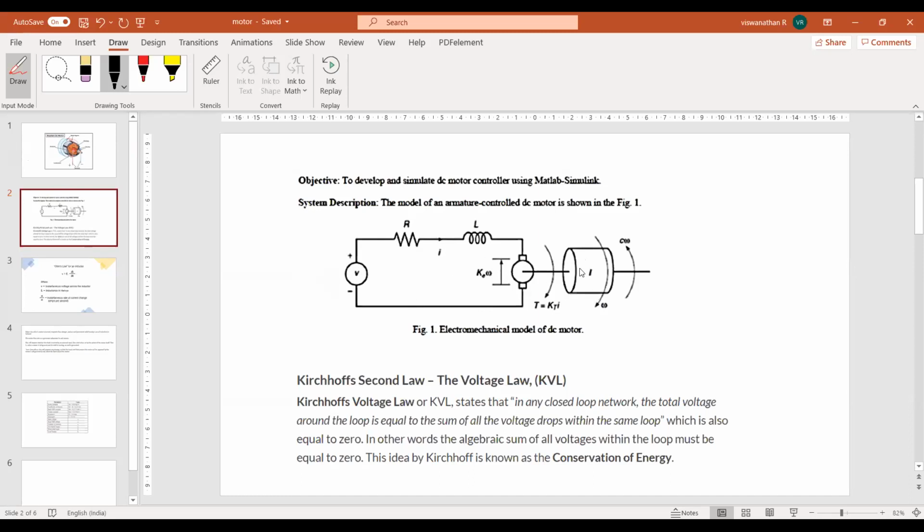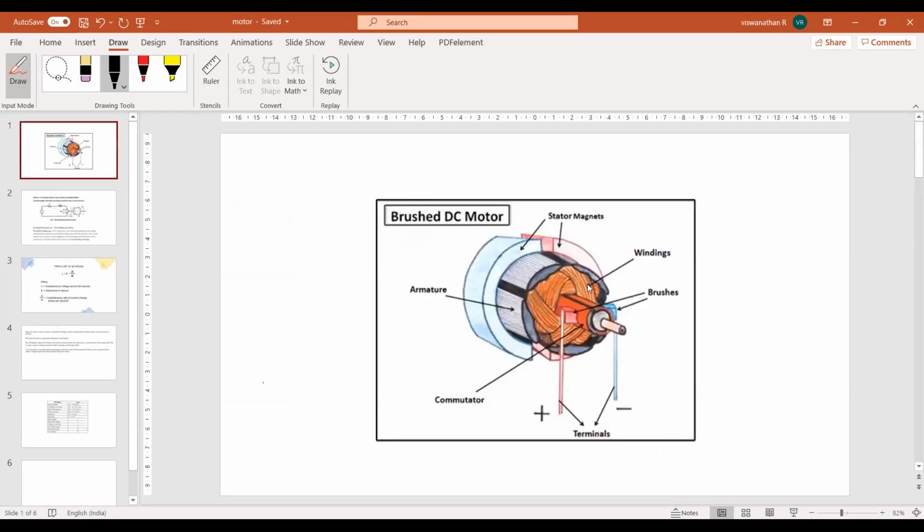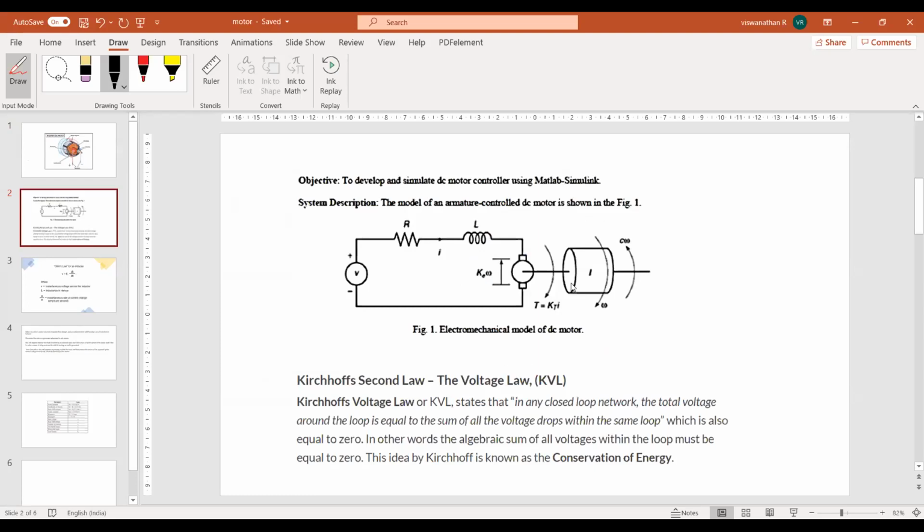And what you see here is the rotor part. It is shown outside, but I am talking about this rotor part. This is the stator, and this whole thing is rotating. This is the rotor part. And that rotor part has a mass moment of inertia I, okay?